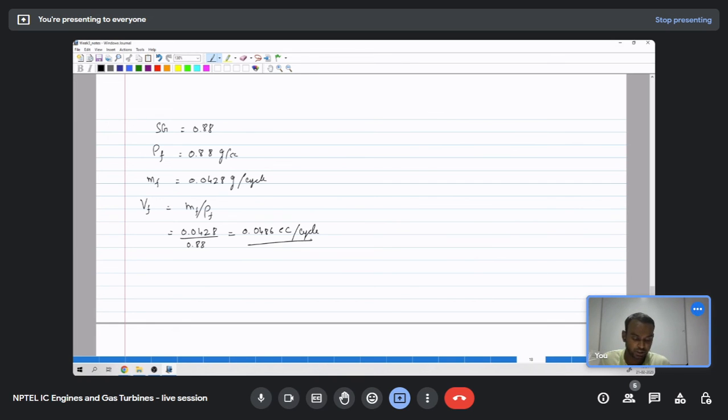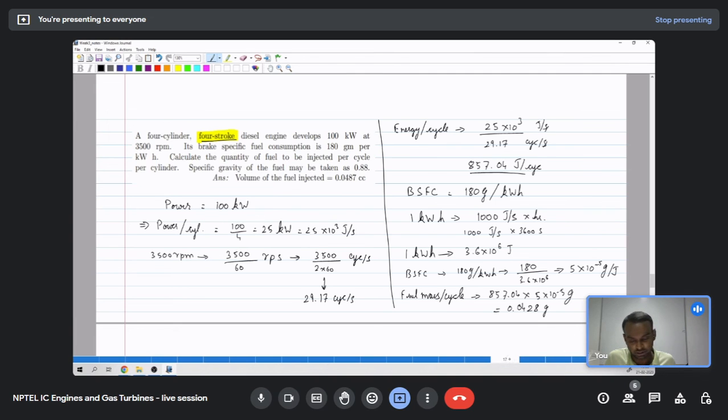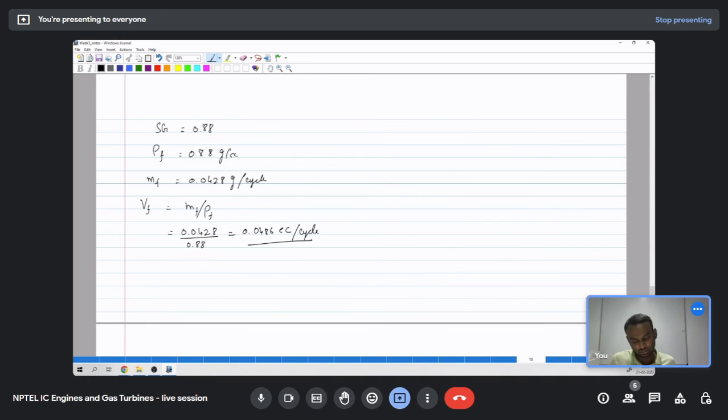So that means we need to inject 0.0486 cc of diesel fuel into the cylinder to generate 100 kilowatt of power at 3500 rpm. Any questions in this problem?